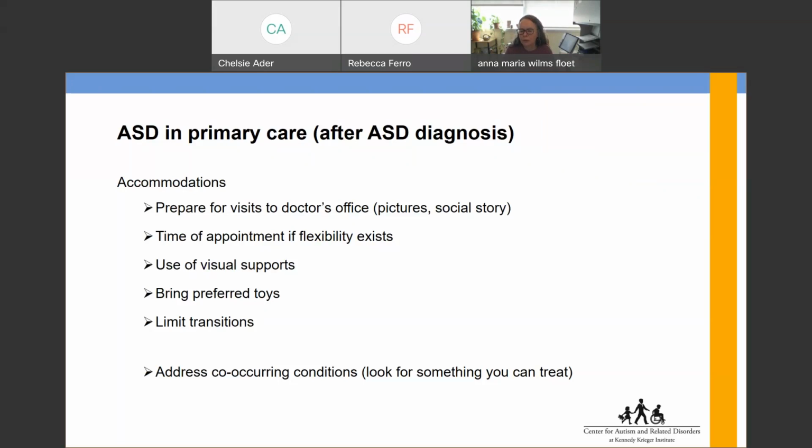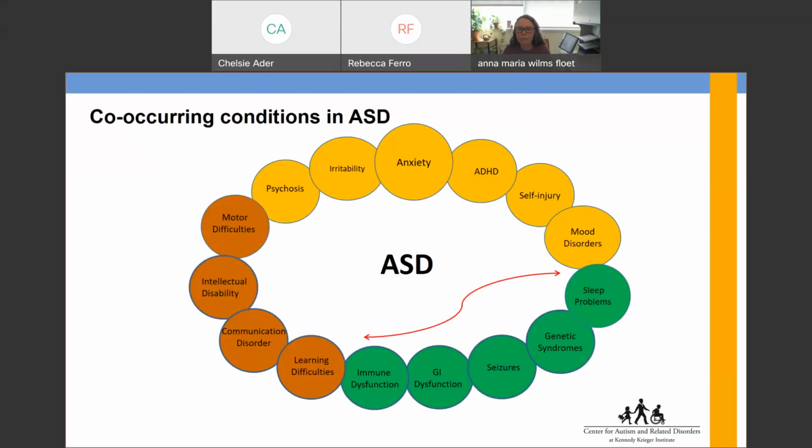One of the other main things that primary care physicians often get involved with is addressing co-occurring conditions. I want to spend a little bit of time on that. So what are co-occurring conditions in autism? They are numerous, and this list is probably not comprehensive, but we think about it as medical comorbidities, mental health comorbidities, and then learning or school-based comorbidities.